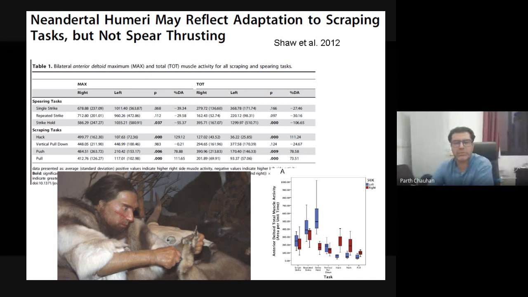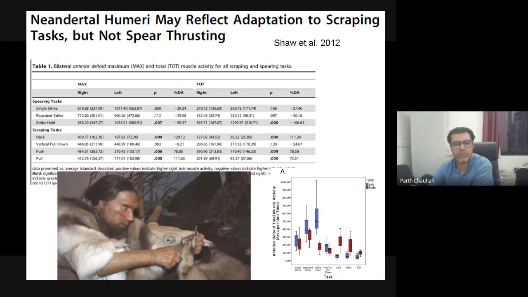So the arms of Neanderthals are robust not only because of spear use or climatic reasons, but because of scraping actions. So scraping actions and other similar tasks lead to robust forearms. And experimental archaeology helped prove this. So this is a rare example where archaeology helps understand biology or anatomy.